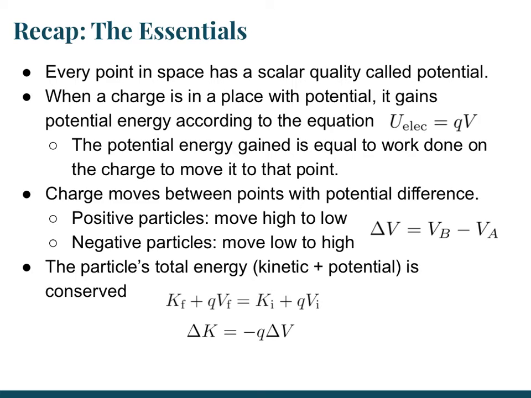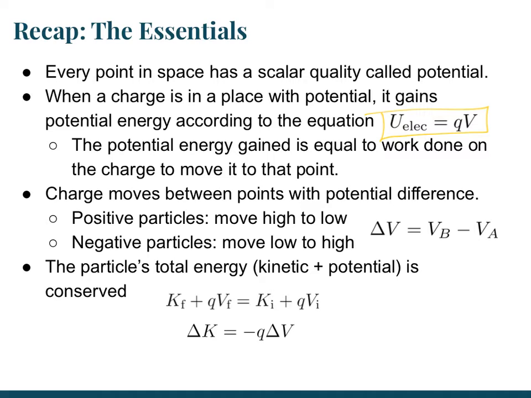And this little equation over here is how you would calculate the potential energy from the potential. Potential energy is U, potential is V. And the potential energy gained can be calculated by finding the work done on a charge to move it to that point. And we're going to see that today in our lesson.